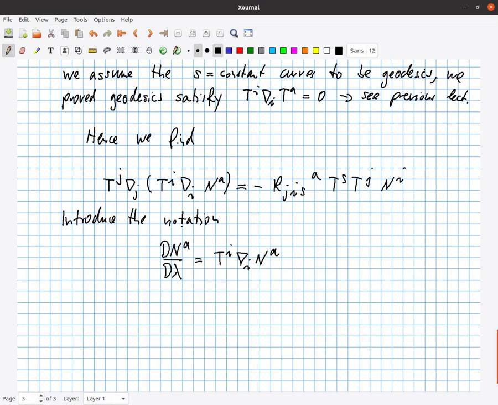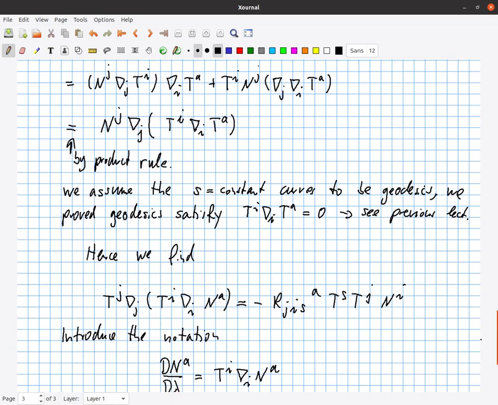In this notation, we have that the second derivative of n along the flow, second material derivative, second convective derivative, or related to some form of acceleration, is minus R^a_{jis} t^s t^j, and all this is acting on n^i.